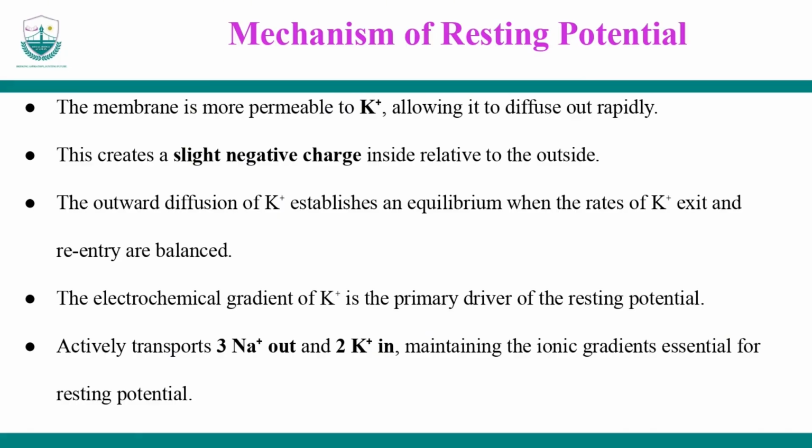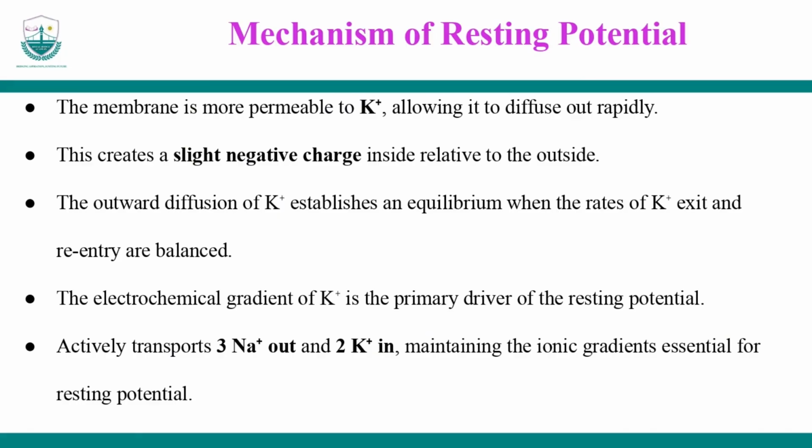That movement of the potassium ions out creates a kind of equilibrium where the rate of potassium exit and entry is balanced. So you have some getting out, then some getting in. So you have that dynamic equilibrium being established. We can basically say that the potassium ions are largely responsible for the resting membrane potential.